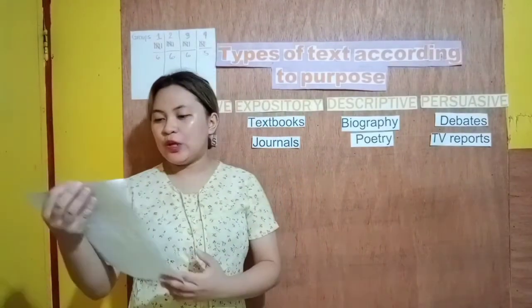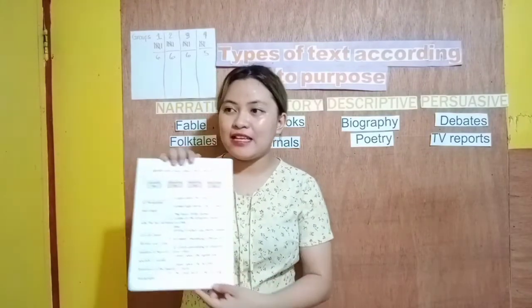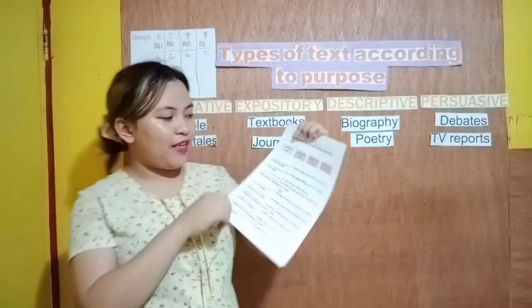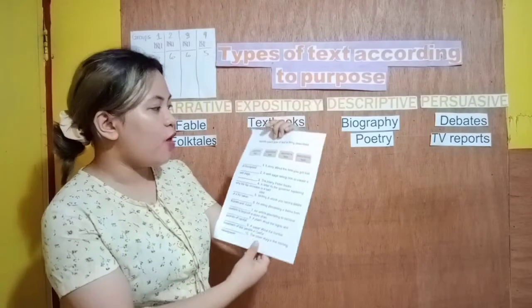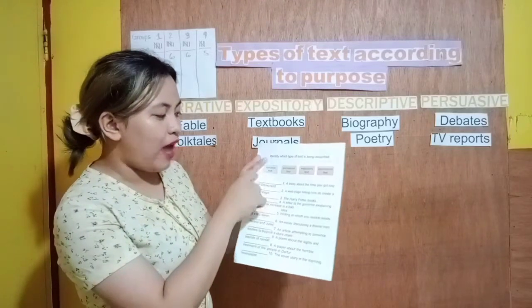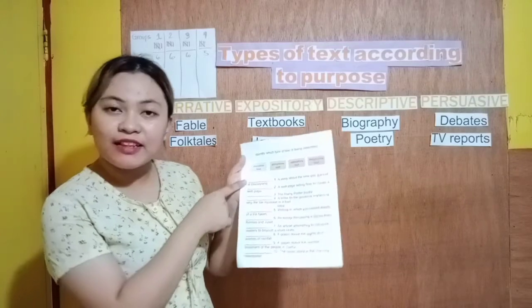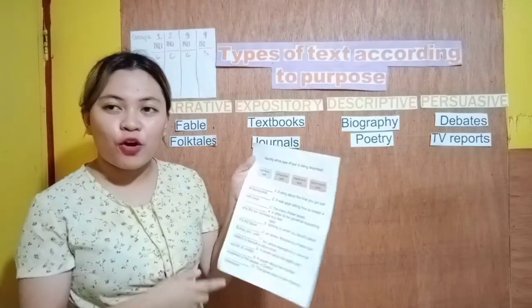I will give each one of you this worksheet in which you need to identify which type of text is being described. We have here descriptions of different text types. You choose from narrative, persuasive, expository, and descriptive text and write it on the blank before the number.